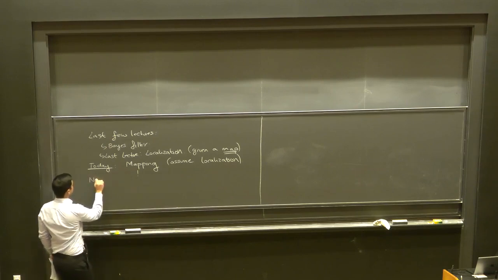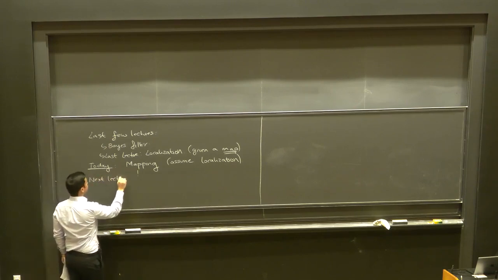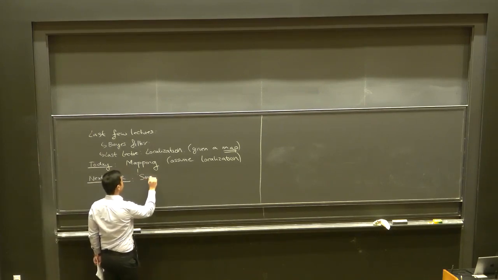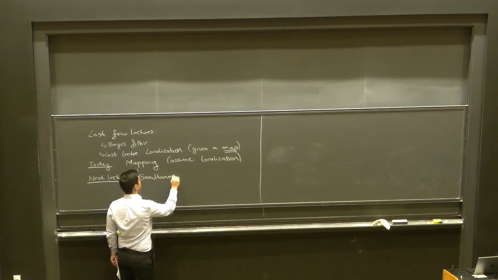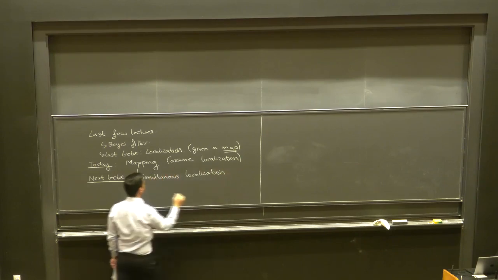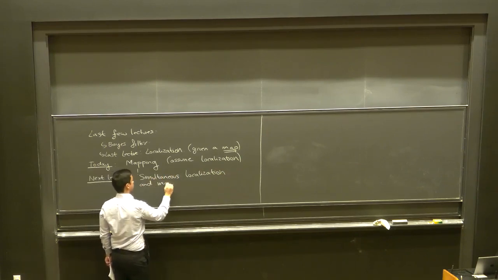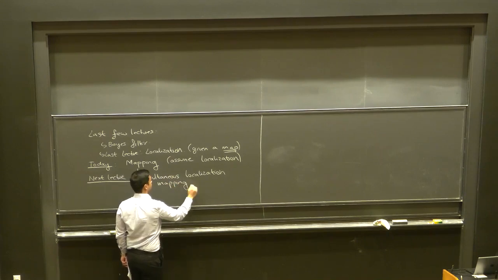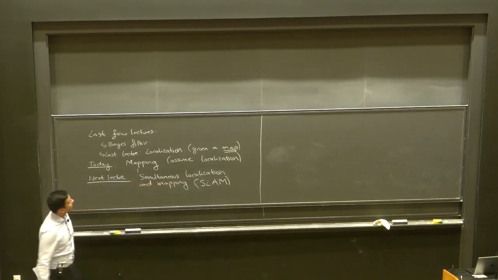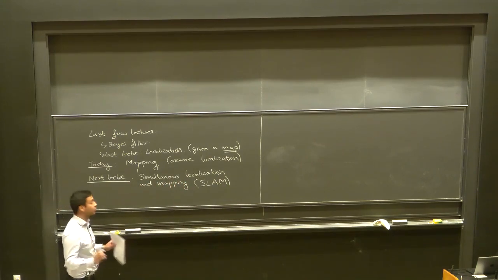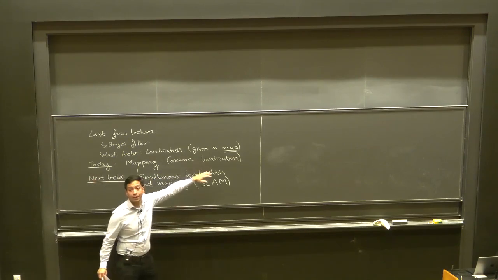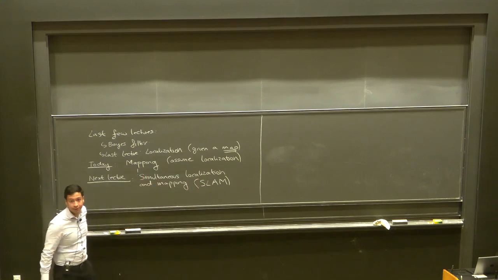In the next lecture, we're going to put these pieces together and tackle the problem of simultaneous localization and mapping, usually abbreviated as SLAM. But for today's lecture, we're not going to do SLAM. We're not going to do these problems simultaneously. We're just going to make the assumption that somehow the robot can localize itself, but it doesn't know its map, and that's what it's trying to figure out.